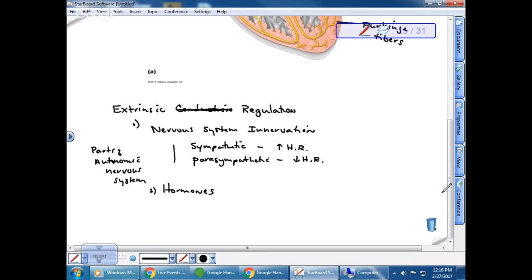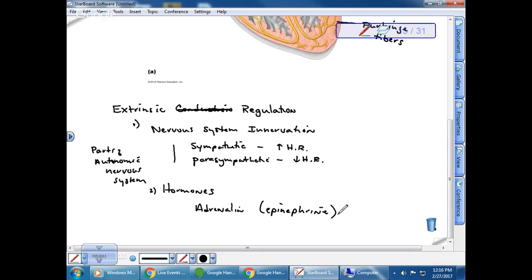So primarily, when we think about the heart, it responds to hormones that are produced by the adrenal glands. And so adrenaline, right? And this is also called epinephrine. Those are produced by the adrenal glands, adrenaline.